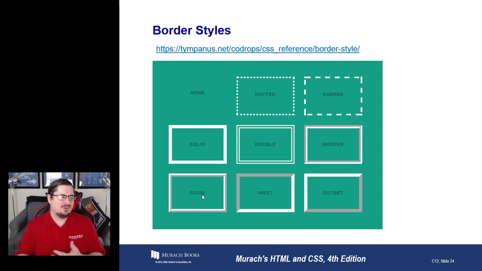These have been with us for a long time, and they were things that we would use more if you were building websites 10, 20 years ago. But nowadays we very rarely use any of these 3D styles, because we have better tools that most of the time end up looking better. So those do exist: groove, ridge, inset, outset.